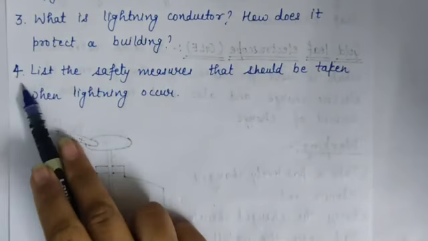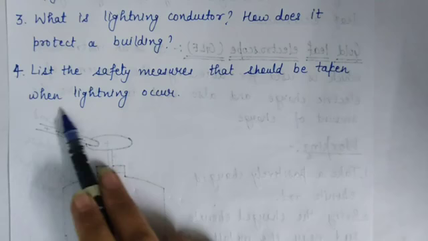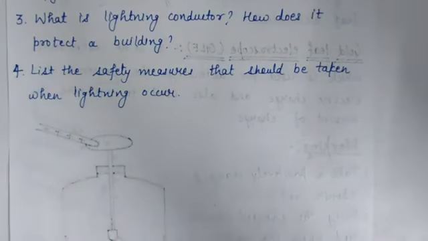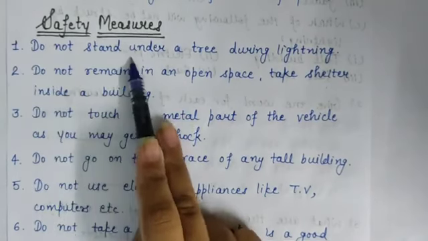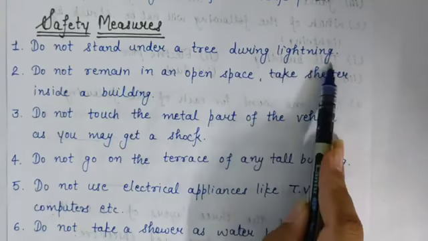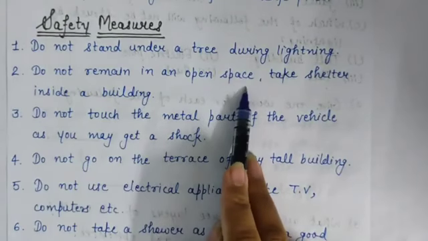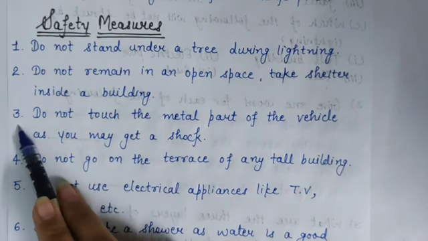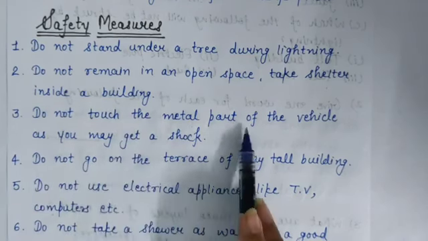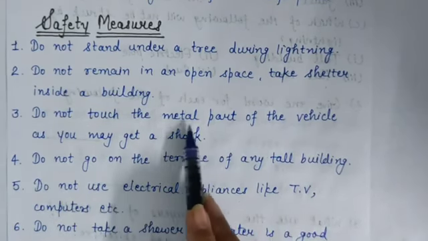Question number 4 was, list the safety measures that should be taken when lightning occurs. So safety measures are, first, do not stand under a tree during lightning. Second is, do not remain in an open space. Take shelter inside a building. Third is, do not touch the metal part of the vehicle as you may get a shock, because metal is a good conductor.